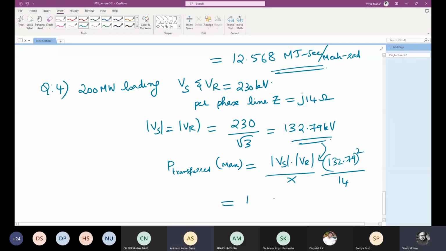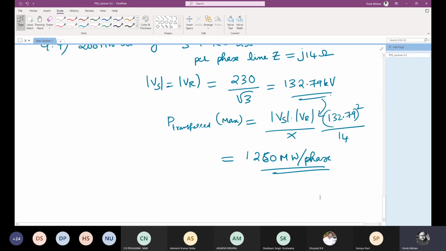3778.57. That is three phase, right? Yes, sir. That is three phase. Okay, so per phase is 1260, I think. 1260 megawatt per phase. Now when this is multiplied by 3, it equals the three phase power, which is somewhere around 3779 megawatts.